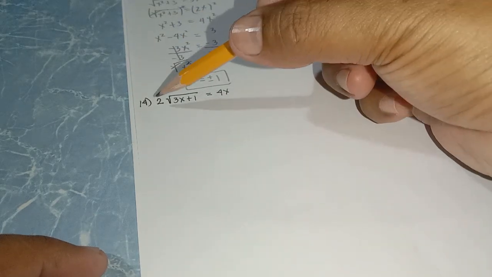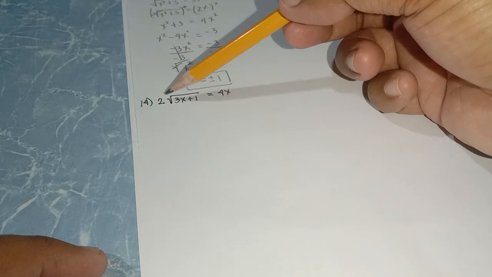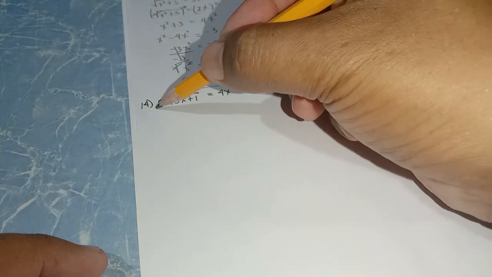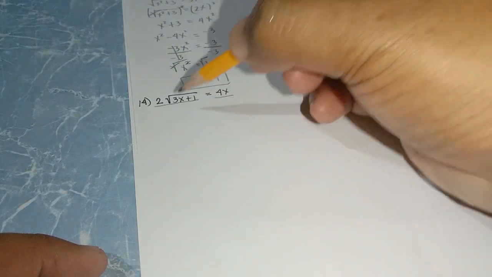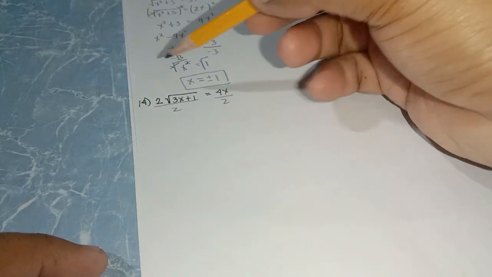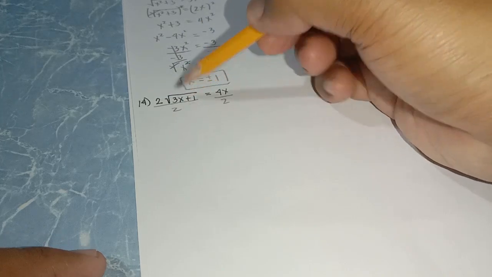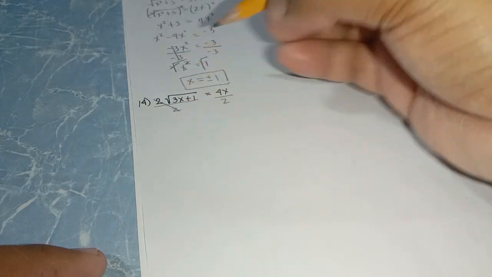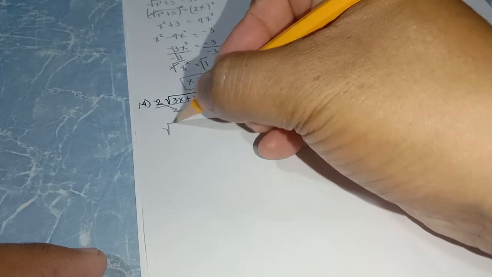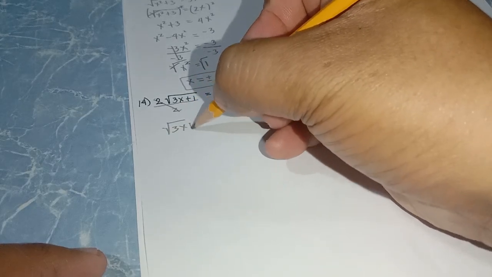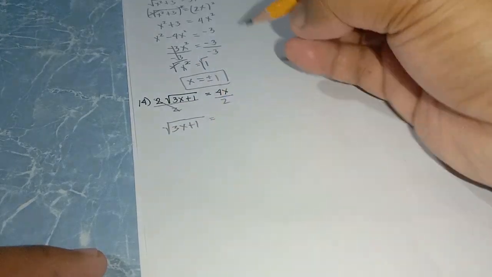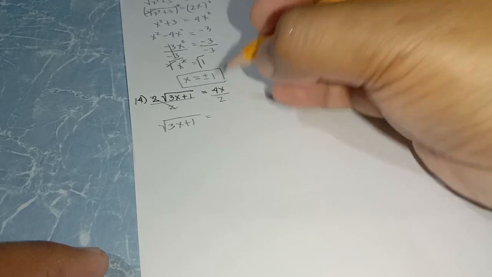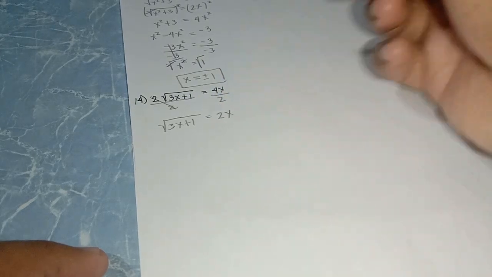Again, meron tayong numerical coefficient ang radical. So, eliminate muna natin yan. Tanggalin natin by dividing both sides by 2. So, kung ano yung kanyang kasama, so yun ang pang-divide. So, cancel. So, natira sa atin ay 3x plus 1 is equal to, so 4 divided by 2, so yun ay magiging 2x. Okay?